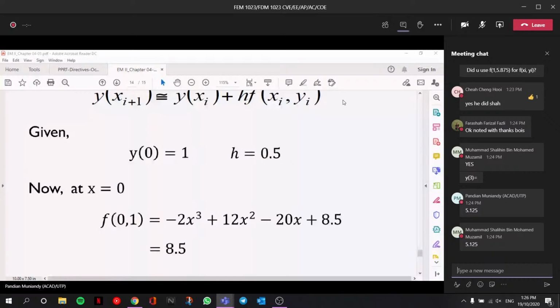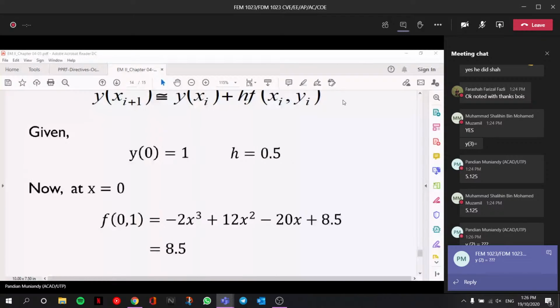So you can make a table now. Y at 2. No, you cannot go to y3 first. Y2. From 0, 0.5, 1, 1.5, and then 2.